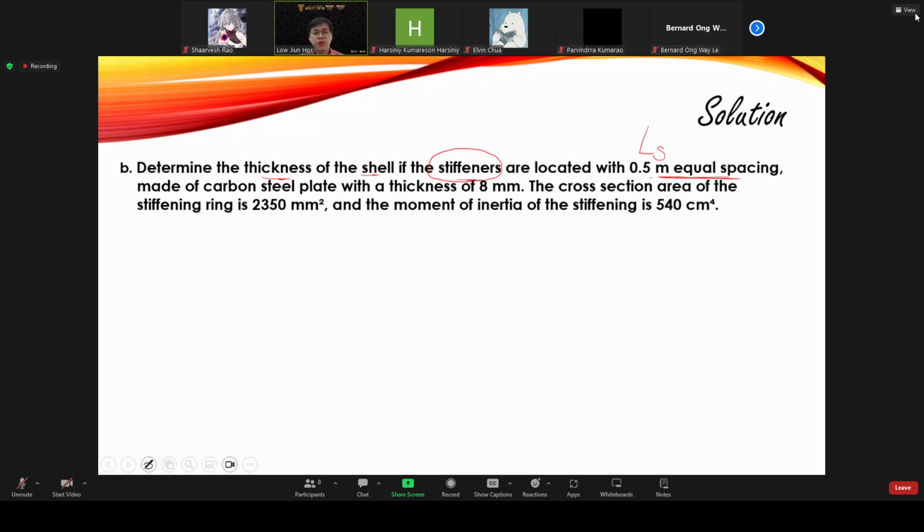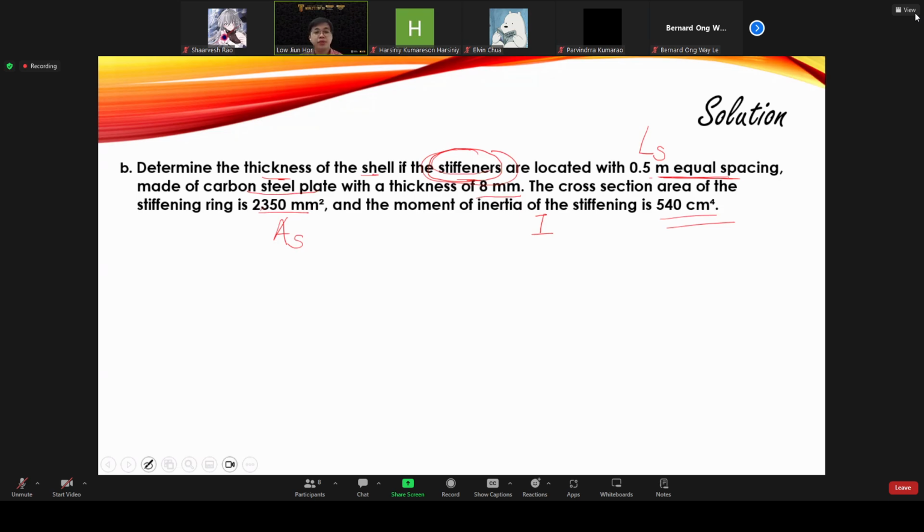And the material that we use to fabricate the stiffener is carbon steel plate, and the thickness of the stiffener is 8 millimeter. The cross-sectional area of the stiffening ring is this one, AS. And the I, the moment of inertia of the stiffeners, is this one.